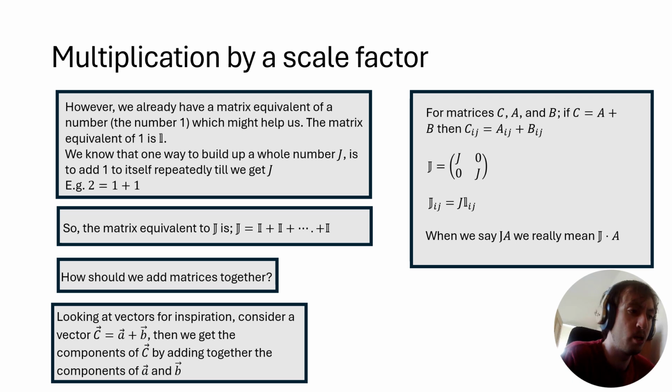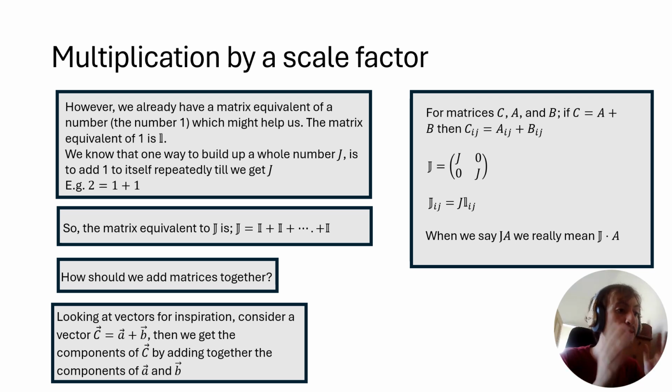But if J isn't a whole number, then we just extend this idea and we just say, well, for any number J, any real number J at least, the matrix equivalent of J is just a diagonal matrix where all the diagonal components are equal to J. No matter if J is positive, negative, a fraction, an irrational number, whatever.